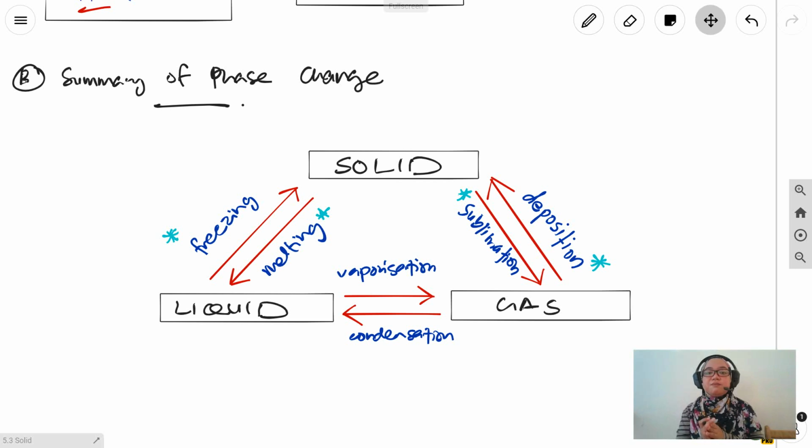However, we are going to highlight the processes that involve the solid phase, which are freezing, melting, sublimation, and deposition. So there are 4 processes that involve solid in the phase change. Let's get started into learning these 4 processes.